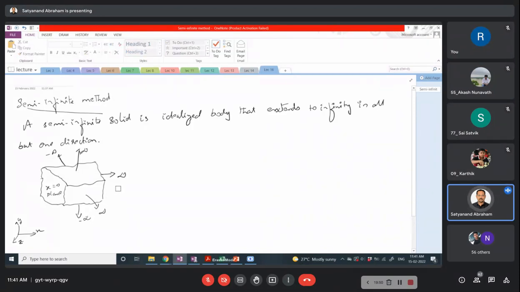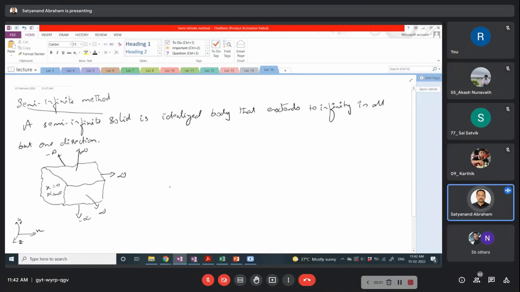Even though it is an idealized body, it is of very high practical importance, especially for transient temperature methods using the liquid crystal method. That's why we are studying it here.